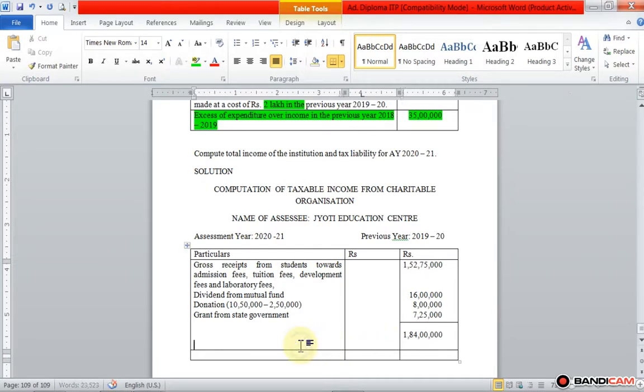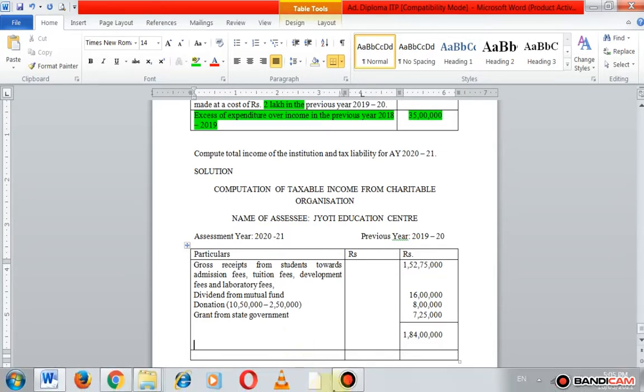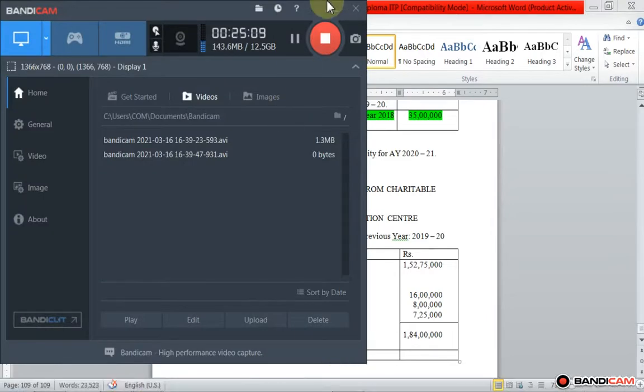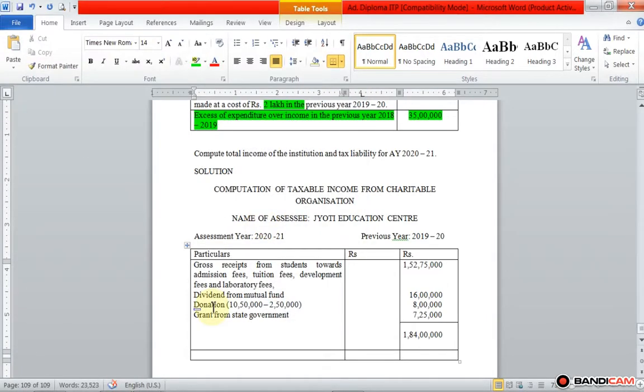Then here we add the anonymous donation, amounted rupees 2,50,000.